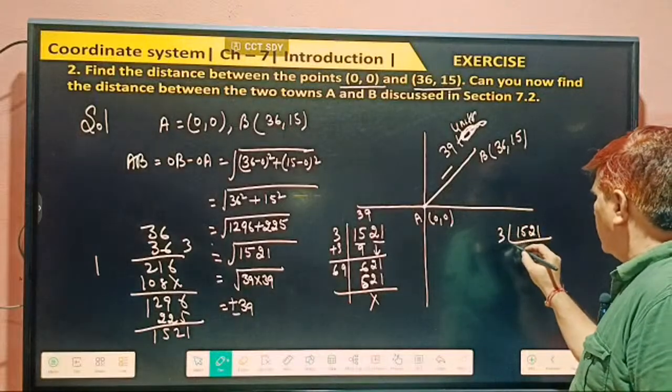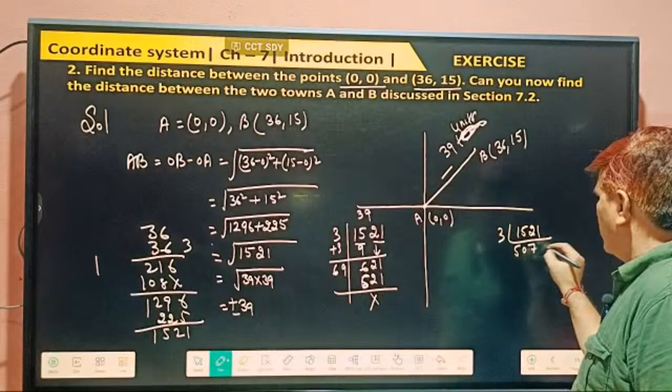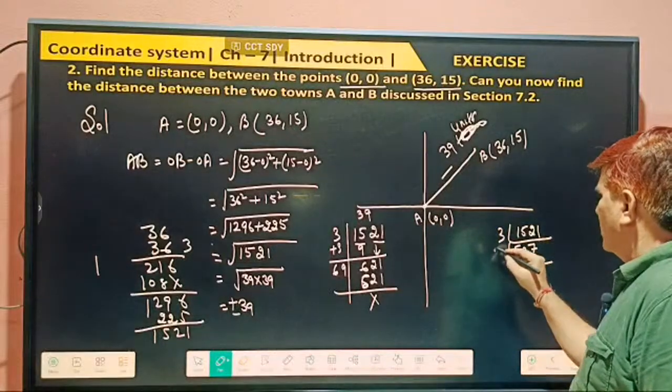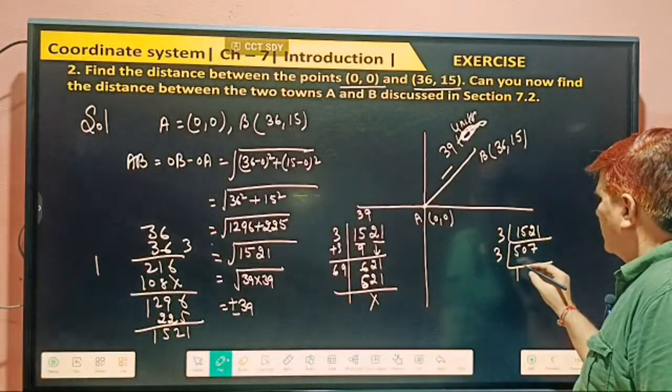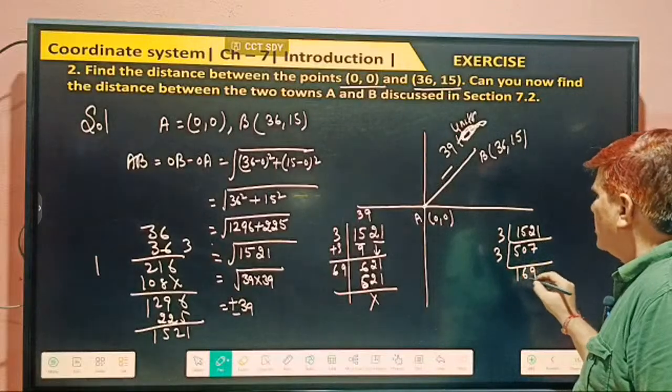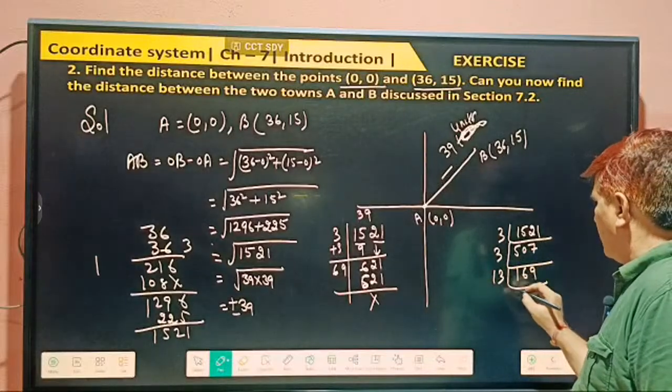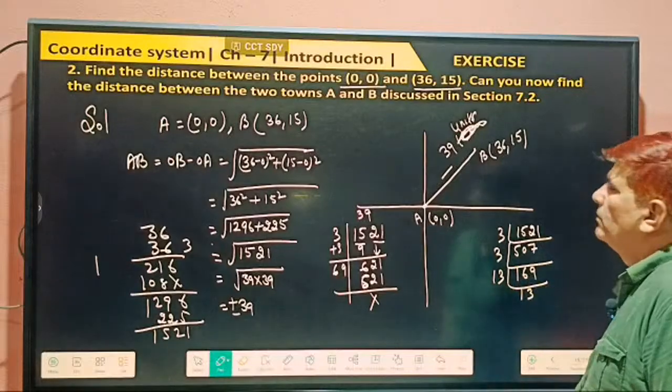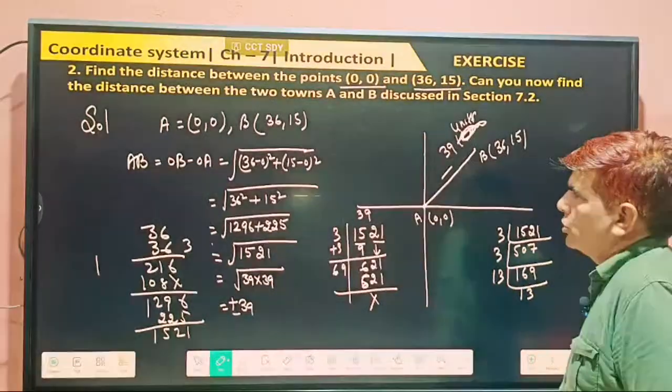Divide by 3. 3 5 ja 15, 3 7 ja 3 1 ja, 3 6 ja, 3 9 ja, 13 1 ja, 3 ja. Understood?